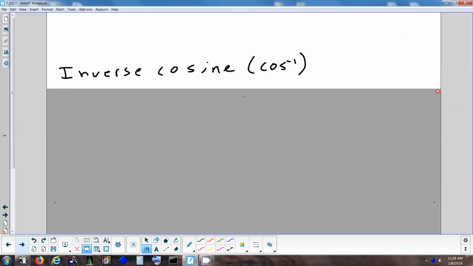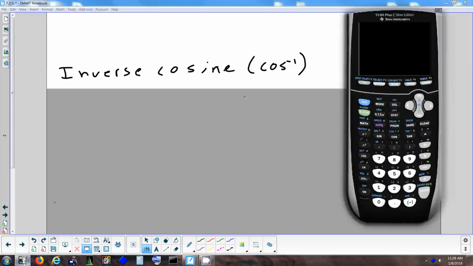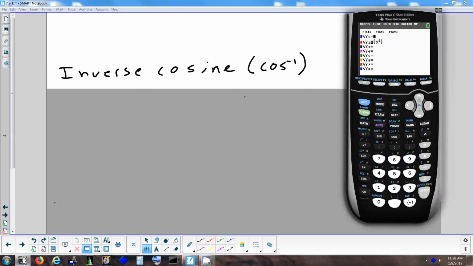Okay, now let's think about cosine. I'm going to draw a picture of cosine. If you look at cosine, how high and low does that blue wave go? It's the same as sine.